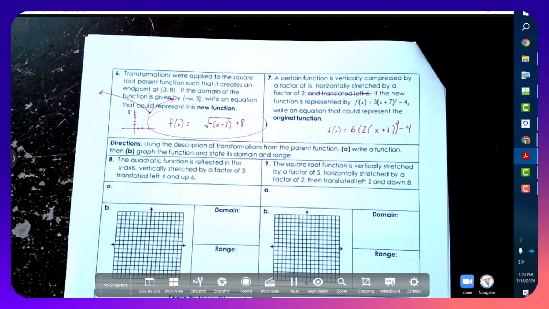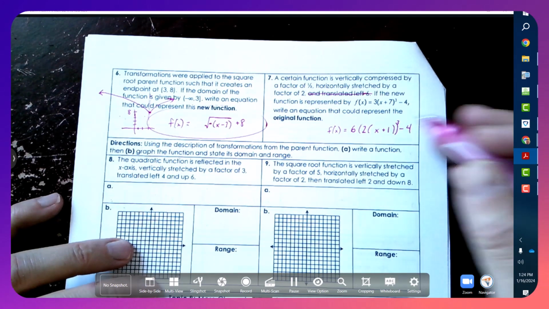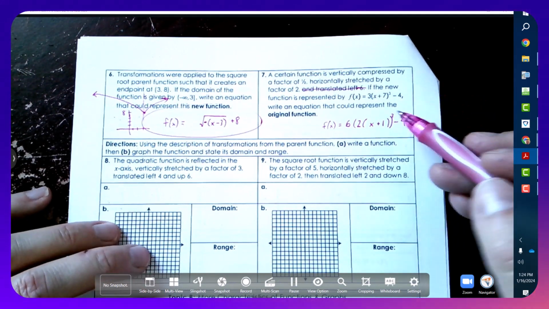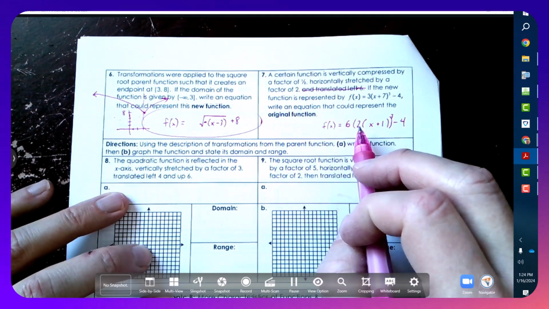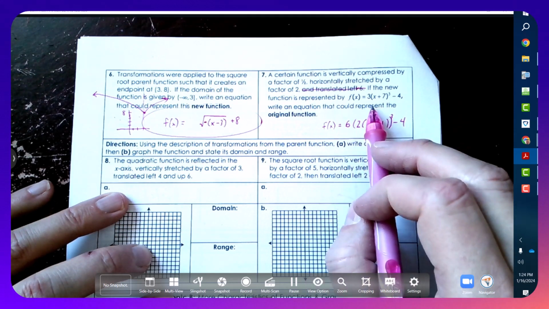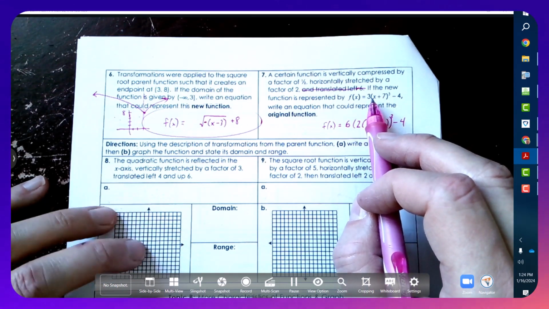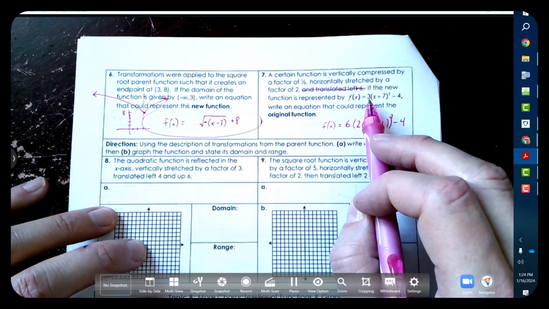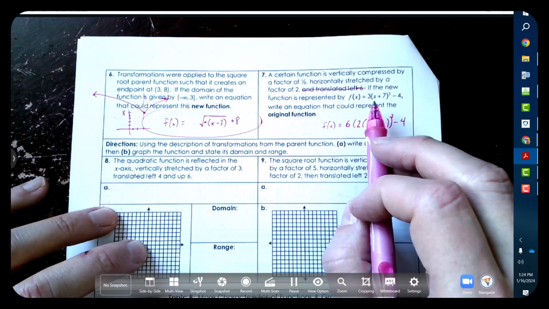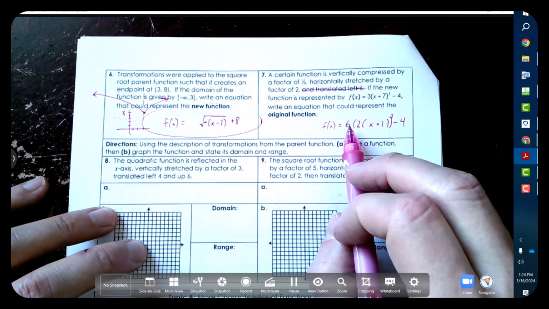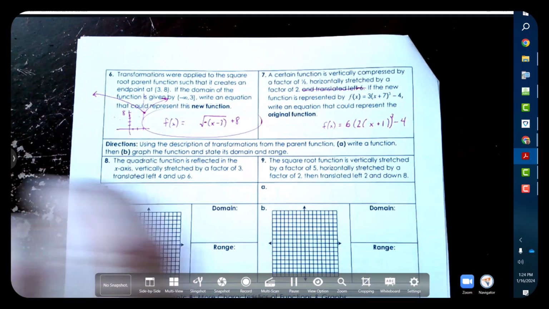Okay, so this is awful, but this is the answer. This would have had to have been a 1/2 there, so if we put a 2, that would have undone it so that it disappears. The new one had a 3, so if I were to compress it by 1/2, then the original function would have had to have been a 6 to become a 3. So anyways, okay, we'll stop right there for this video.